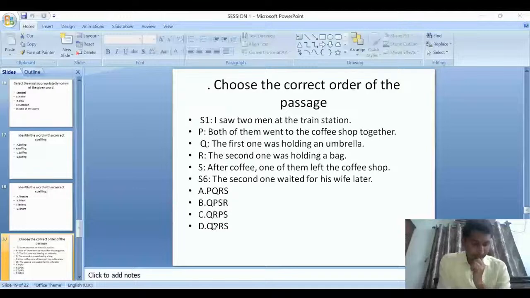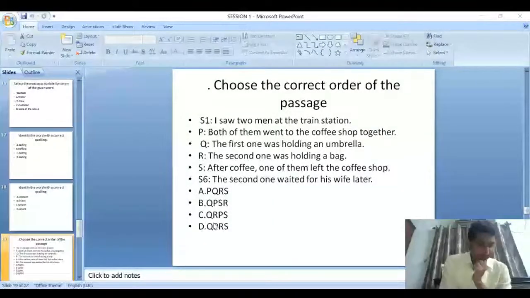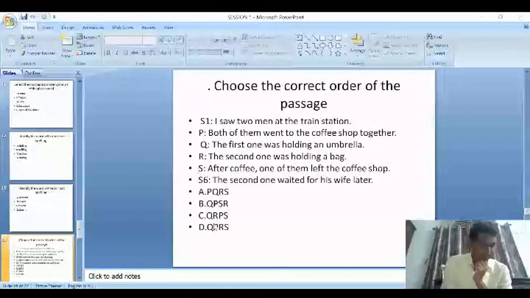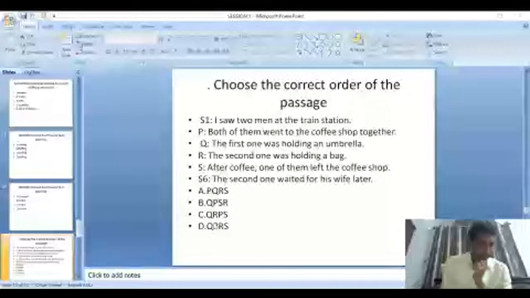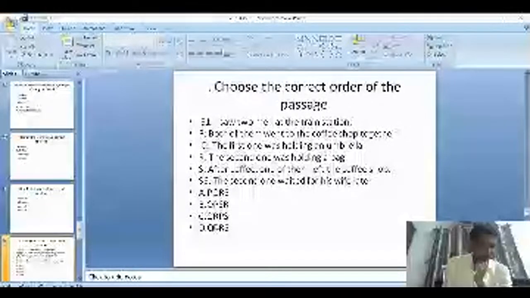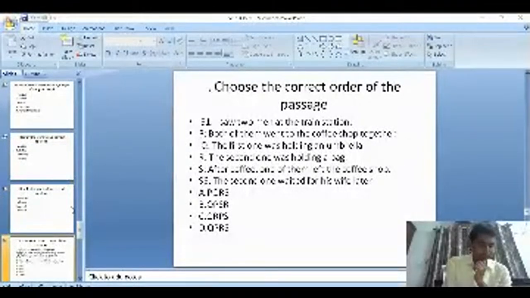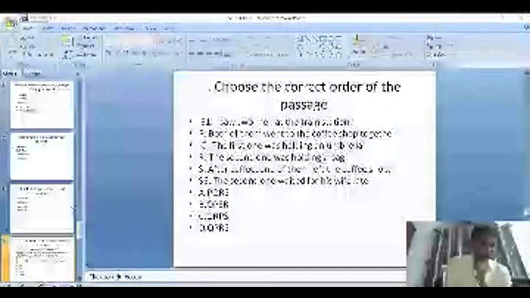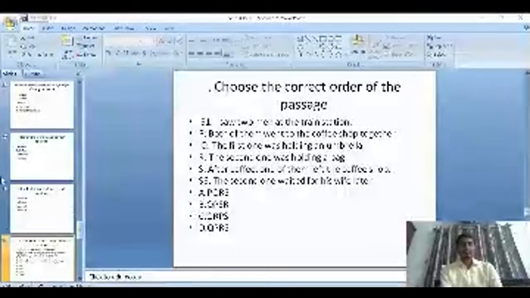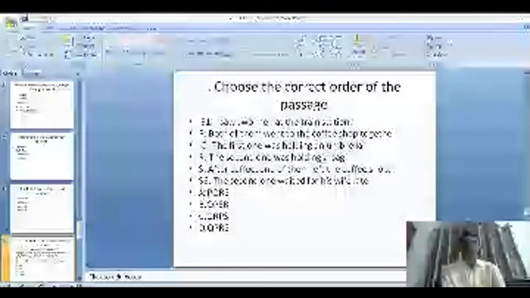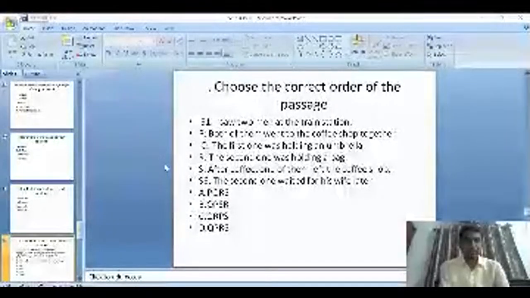Comment your answer. So here the options are P, Q, R or S.